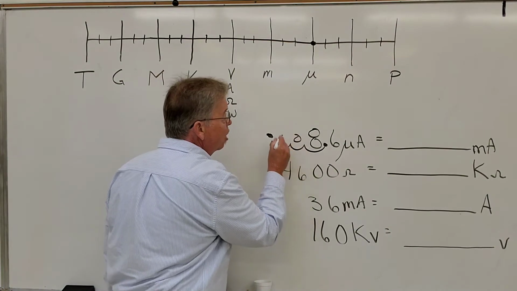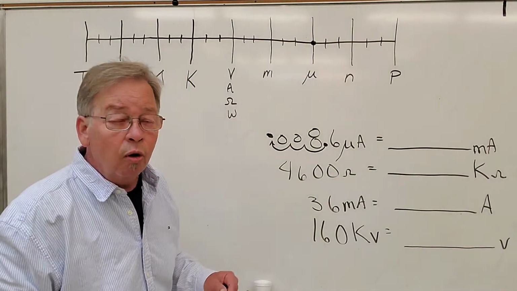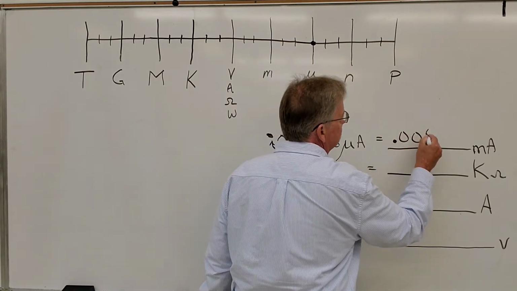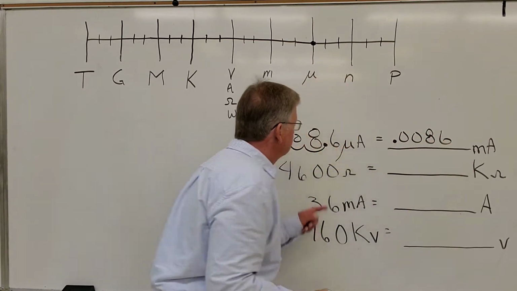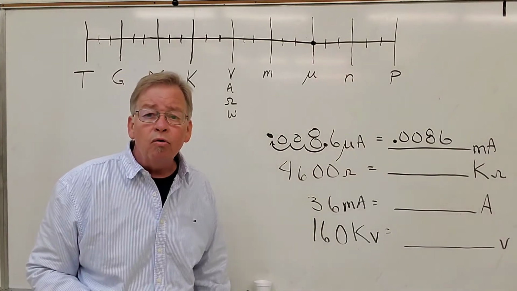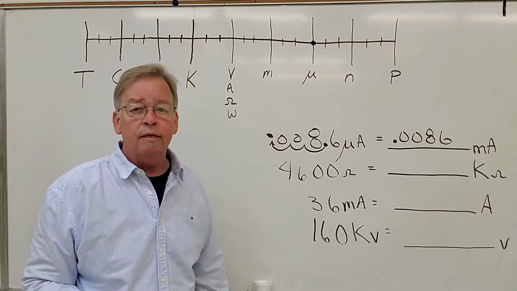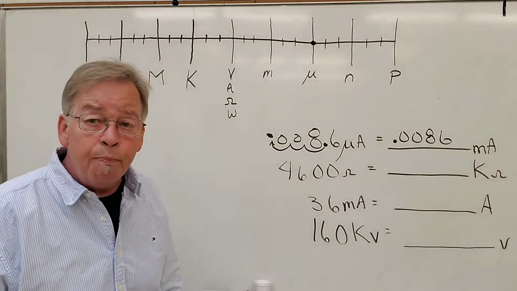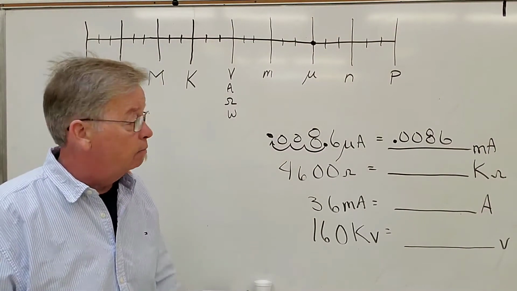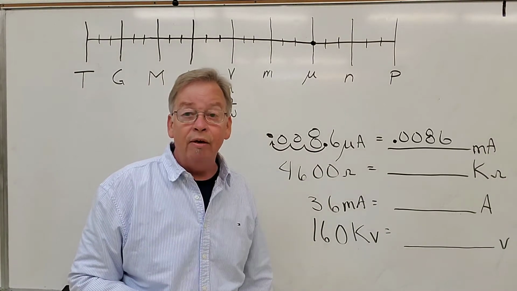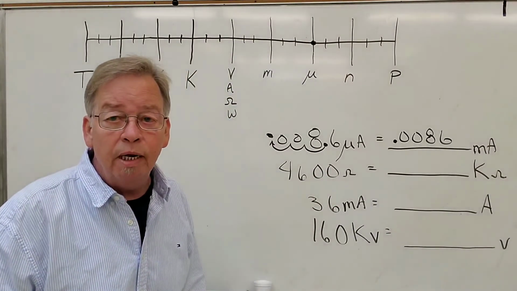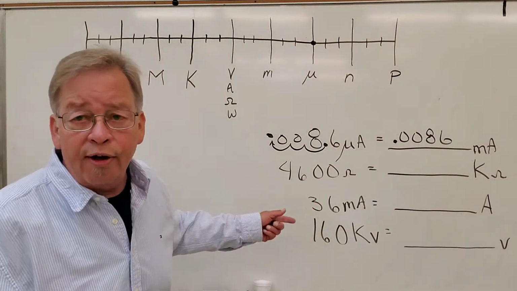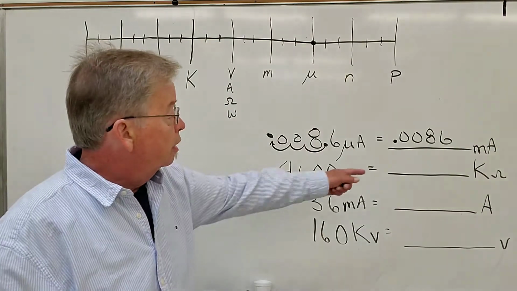So my answer would be 0.0086 milliamps. So 8.6 microamps is only 0.0086 milliamps.